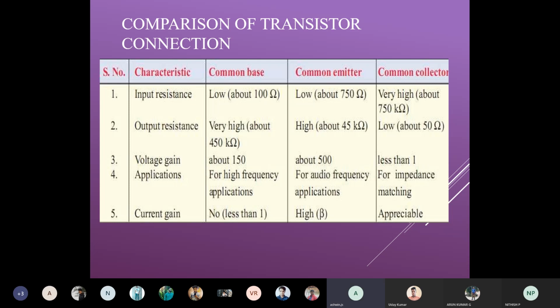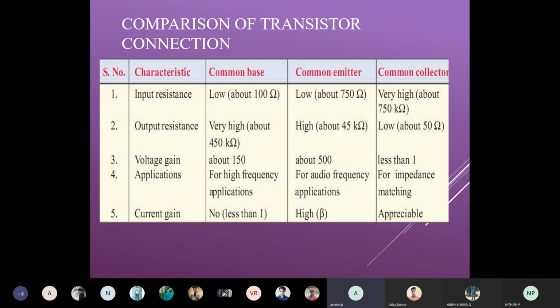So look at the input characteristics. Input resistance is very low for common base, low for common emitter, and for a common collector the input resistance is very high. Can anyone tell why it is very high?